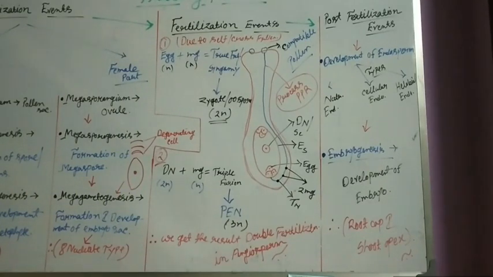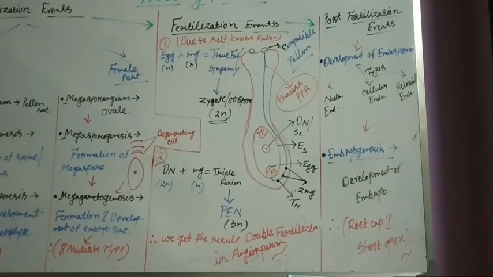It means development of the embryo sac. So it is a 2-phase process. Megasporogenesis is the development of the megaspore, while megagametogenesis is the development of the gamete within the megaspore.